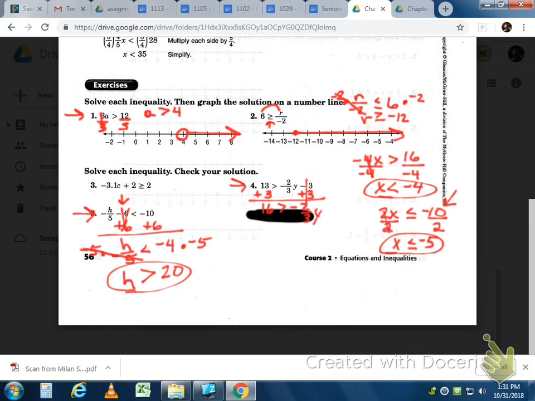How do you get rid of that fraction that's in front? I multiply by the, what's it called? Oh, Allison, reciprocal. So we're going to multiply both sides by negative 3/2. Now, since I'm multiplying by negative, what do I got to do? I just said it. Multiply by negative. Flip it. So the 3/2 and the 2/3 go away. My y is on the right, which we don't want.